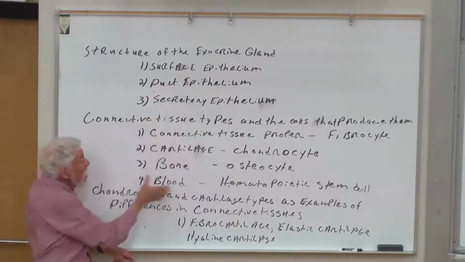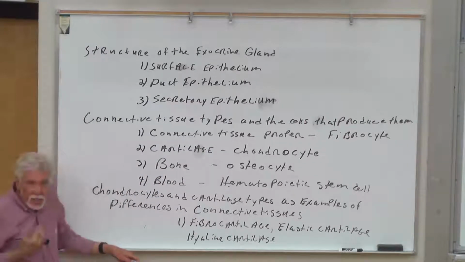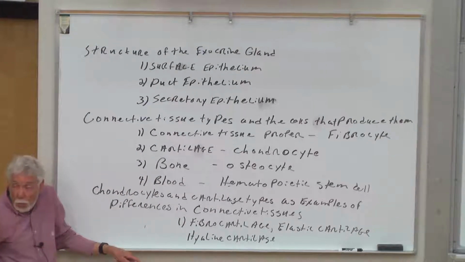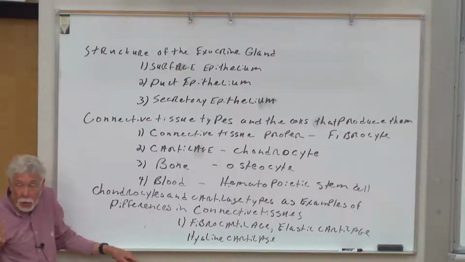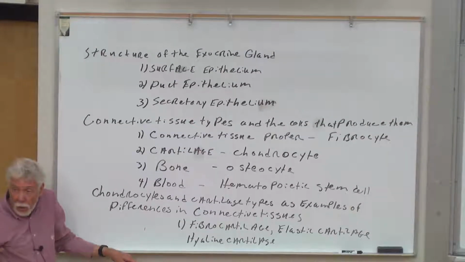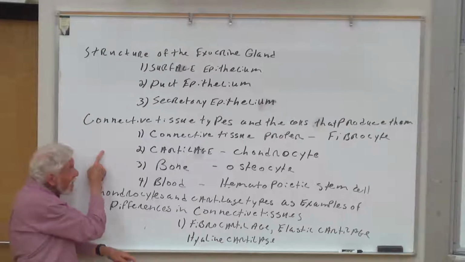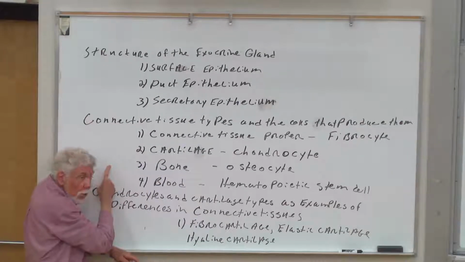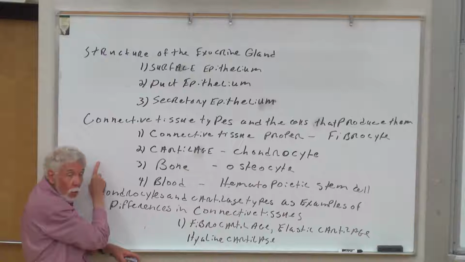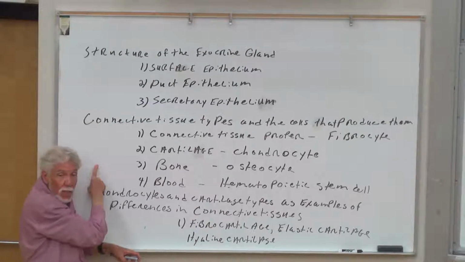What I want to spend more time on, however, is this idea of connective tissue. We said that there were 4 types of tissue. There was epithelium, connective tissue, muscle, and nerve. Well, this second set is the connective tissue. Now, all connective tissue cells originate as something called mesenchyme.